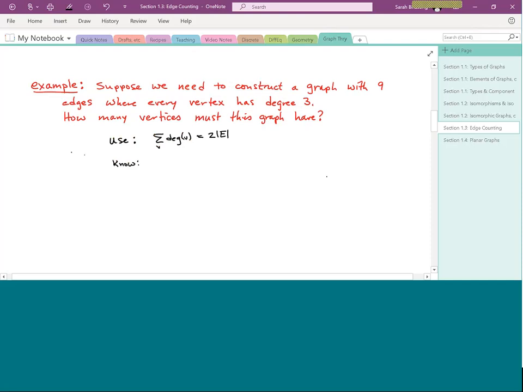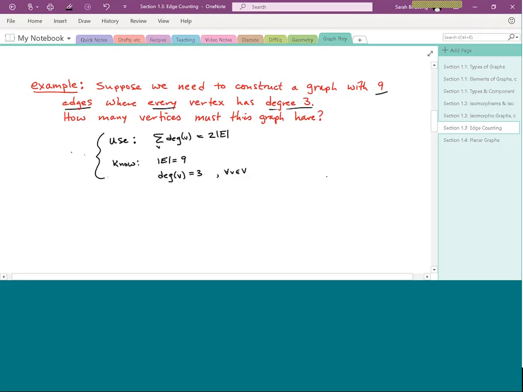We know that the number of edges that we want is 9, because it's actually given here. We're also told that the degree of each of our vertices is supposed to be 3, and that is for all of our vertices. Okay? So that's the information that we have to start with.